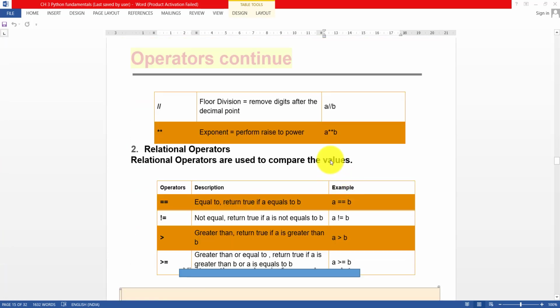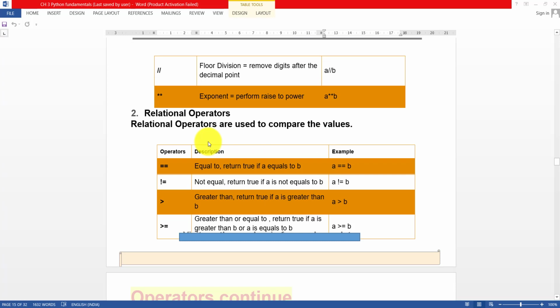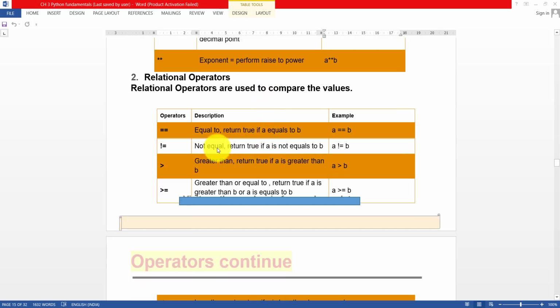Now the next is the relational operator. What is a relational operator? The relational operators are used to compare values. Double equal to, we will read out these symbols. Equal to returns true if a equals b.